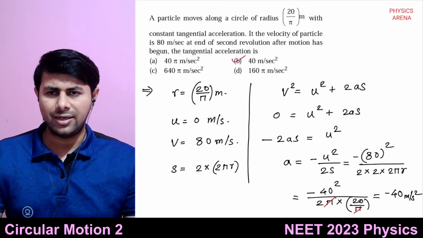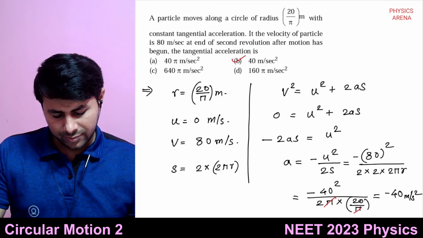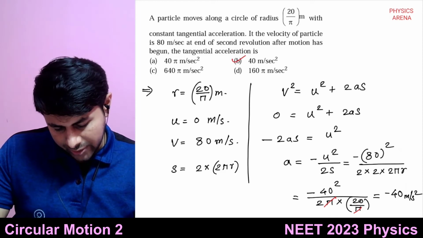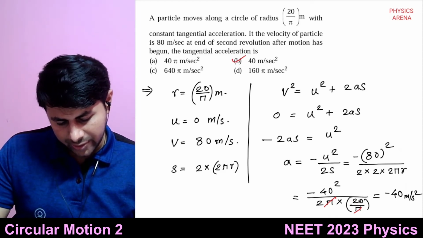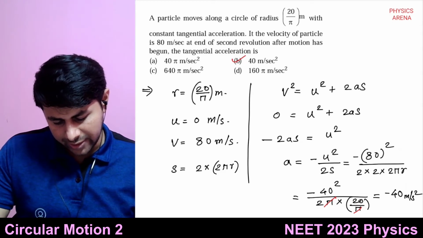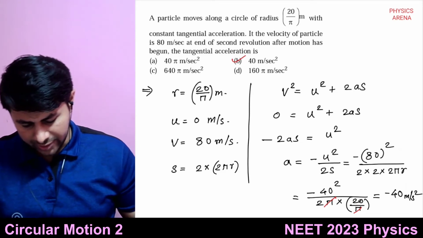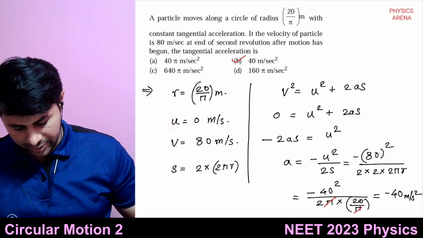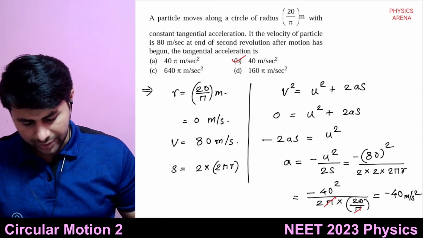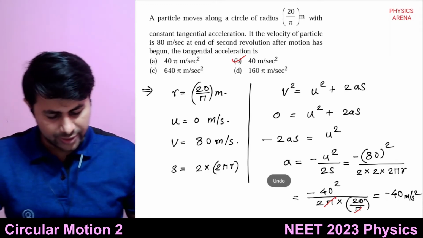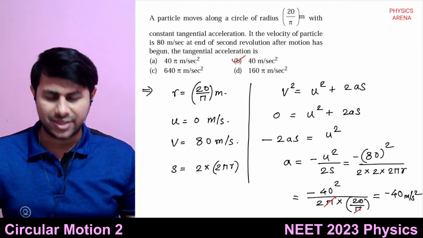So this is simple, right? Sir, initial velocity 0, sir. For substituting. Oh, initial velocity. The particle moves along a circle of radius, if the velocity of the particle is 80 meters per second, initial is 80. Here I made a mistake in writing. Final is 0. Velocity of the particle is 80 meters per second. Okay, here it's correct. Here it is wrong. It is accelerating, not decelerating.